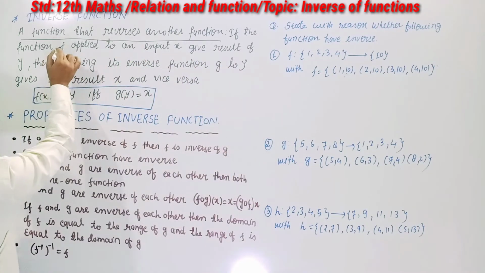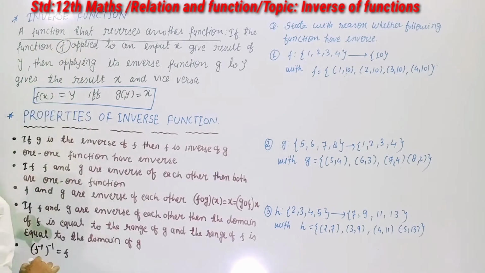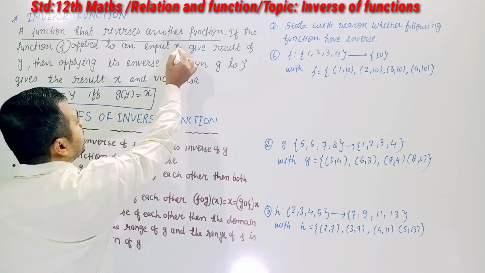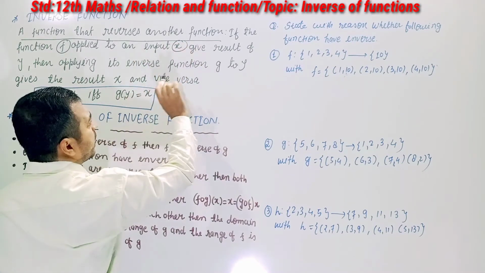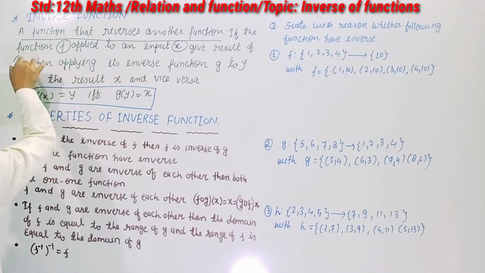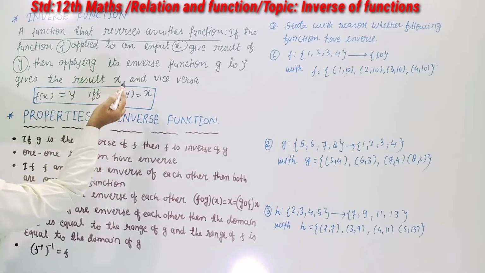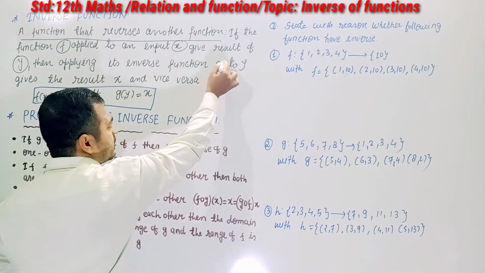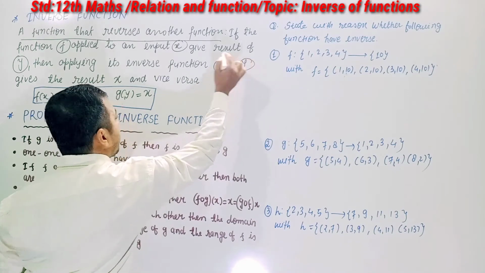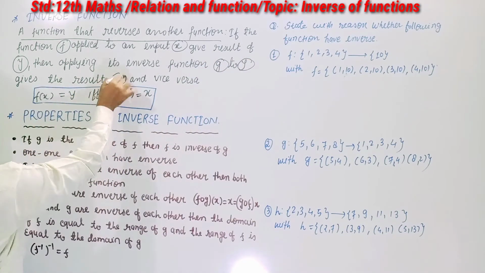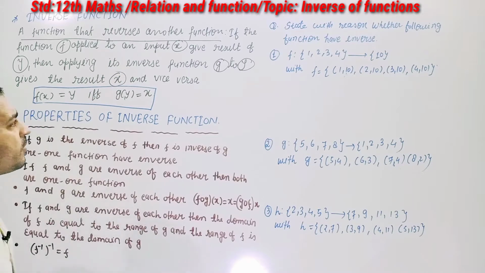If the function f is applied to an input x and gives the result y, then applying its inverse function g to y gives the result x, and vice versa.